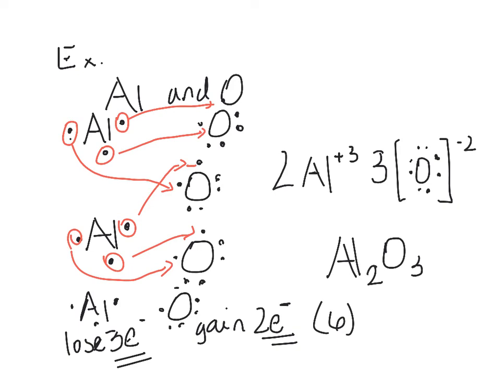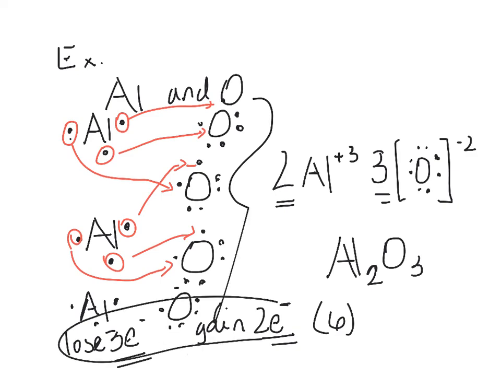And so it's going to take 2 of the aluminums and 3 of the oxygens to transfer that total of 6 electrons. Each aluminum loses 3, so I need 2 of them. Each oxygen gains 2, so I need 3 of them, and I've transferred a total of 6 electrons. And so rather than drawing out this whole big picture, you can look at it just like this down here as far as the gain and loss.